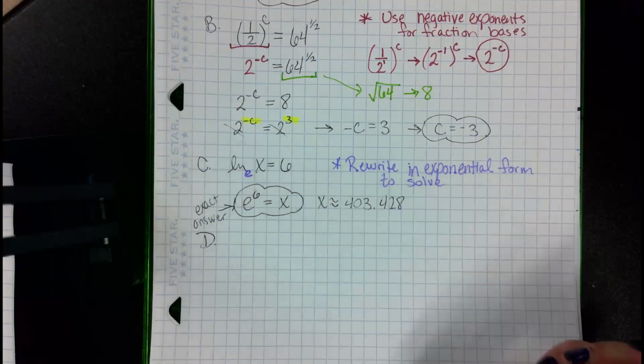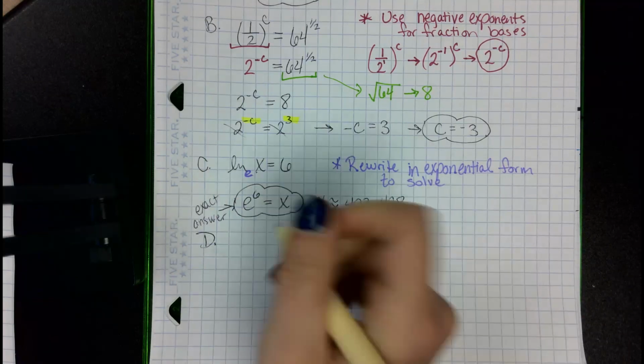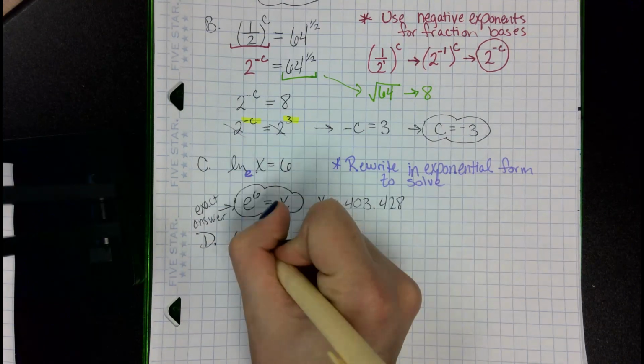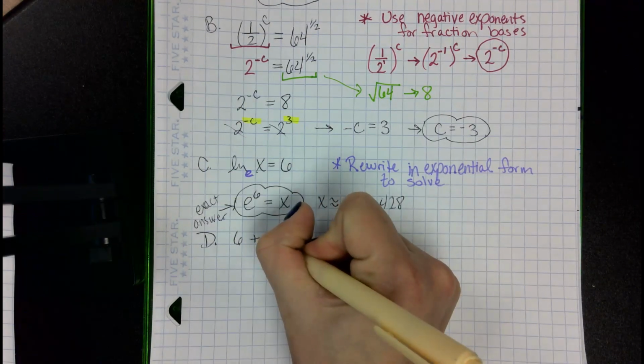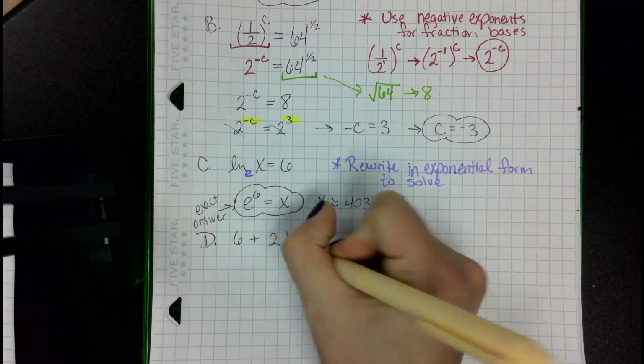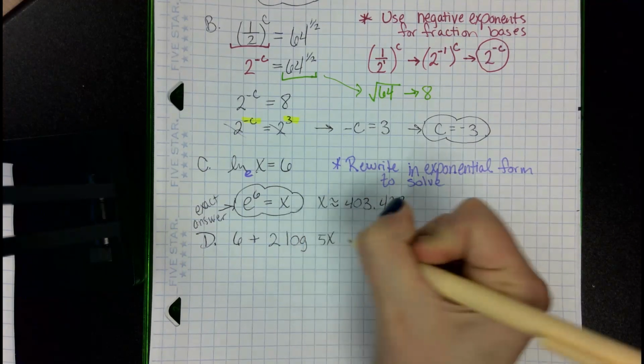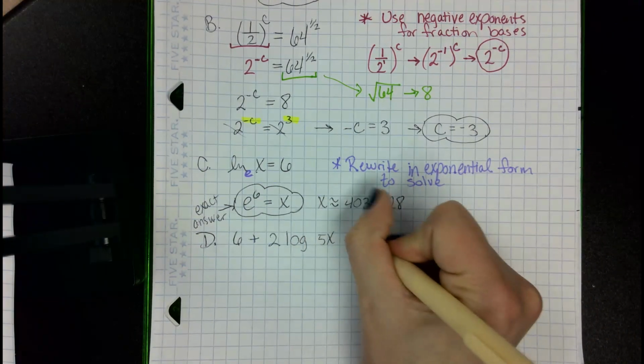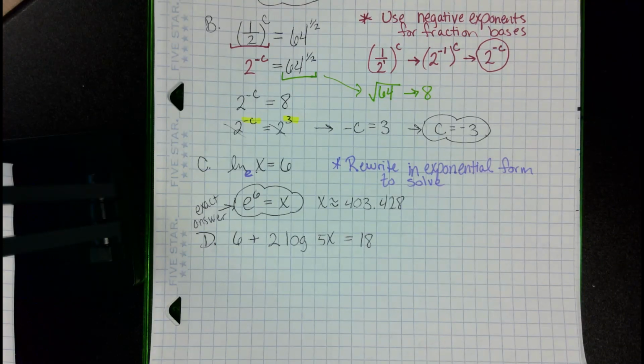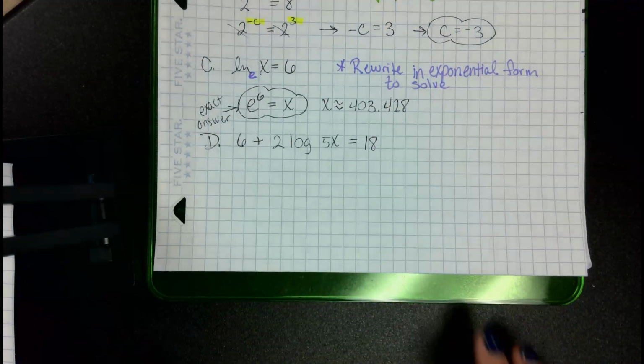All right, D. We have 6 plus 2 times log of 5x equals 18. So example D is not that different from example C. But it's worth noting, which is why we're doing this problem, that before you can rewrite the log into an exponential, you have to isolate it.